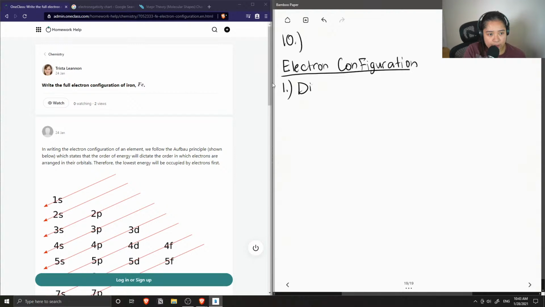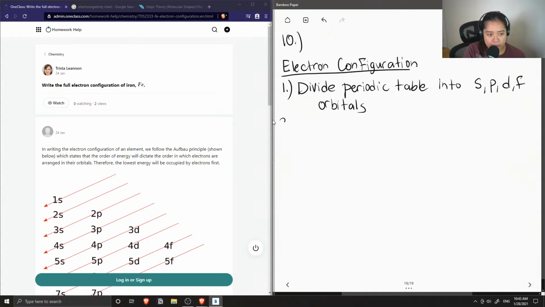So step 1 is to divide your periodic table into the different orbitals. So S, P, D, and F.